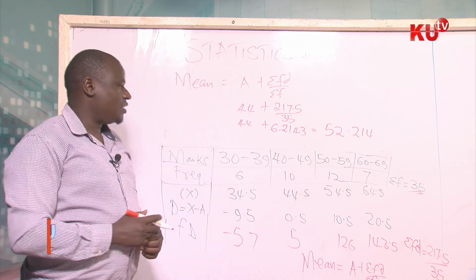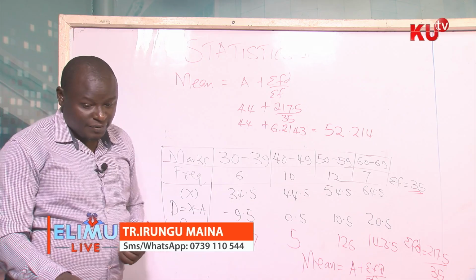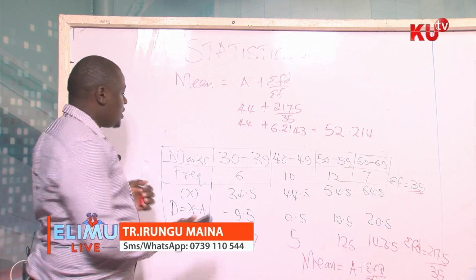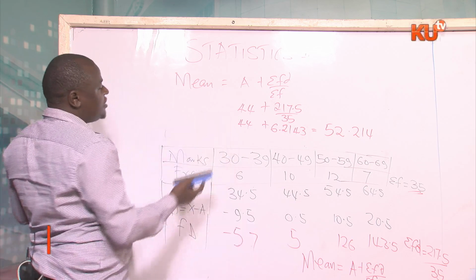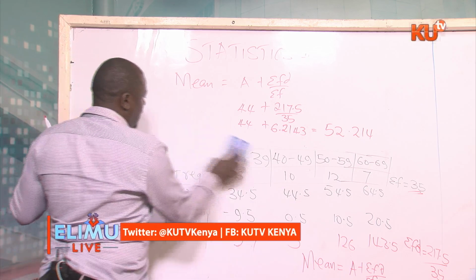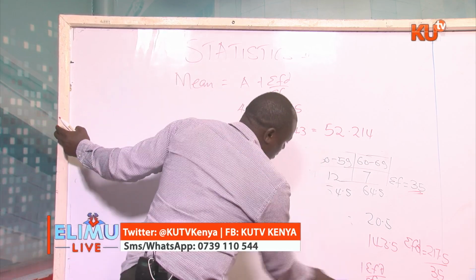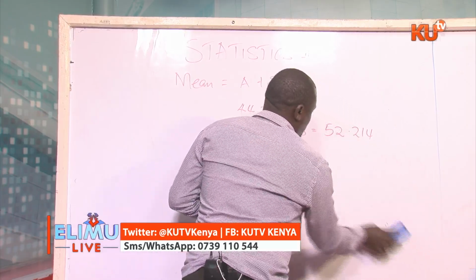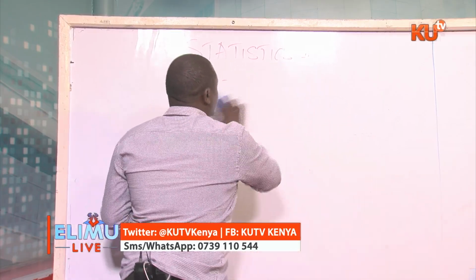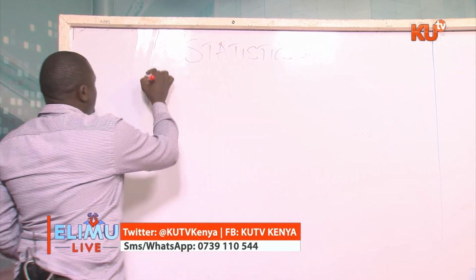Having said that, I think we have followed how to get mean using assumed mean. And therefore, I want us to do another example, if you allow me, just to emphasize whatever we have said, but I'll take it to one more step higher, because I want us to look at the variance. Because once we calculate the mean, we need to know how to get variance.